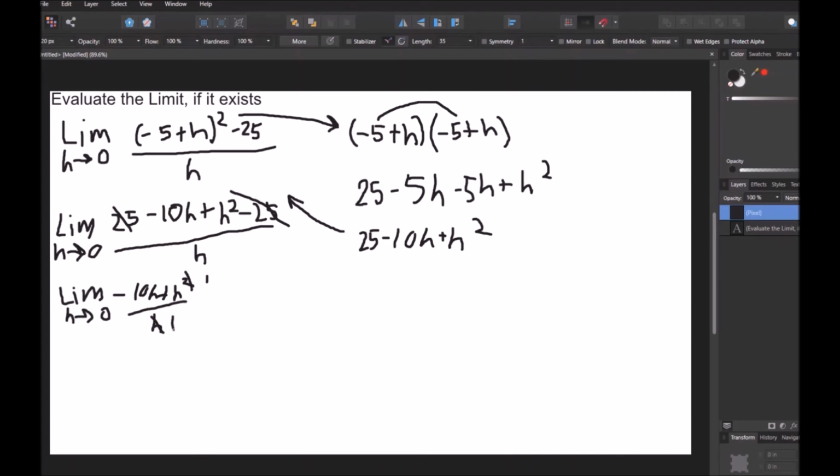So this h is just going to be a 1, this h squared is just going to be h, and this h is just going to be 1 as well. So that gives us the limit as h approaches 0 of negative 10 plus h. And at this point we can use direct substitution, and that's going to be negative 10 plus 0, which is just negative 10.